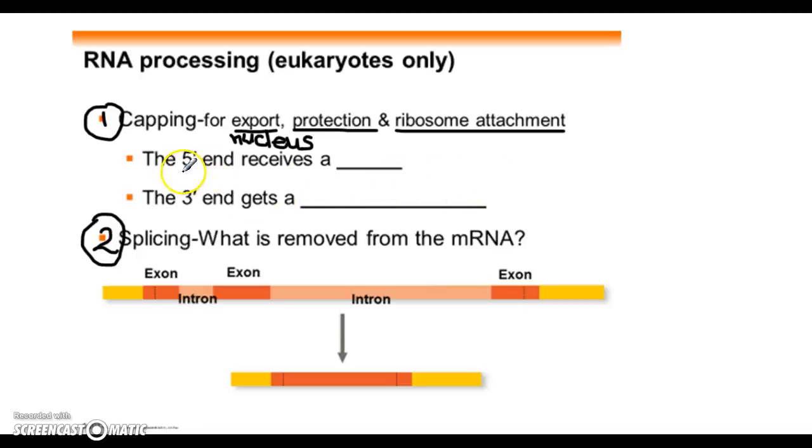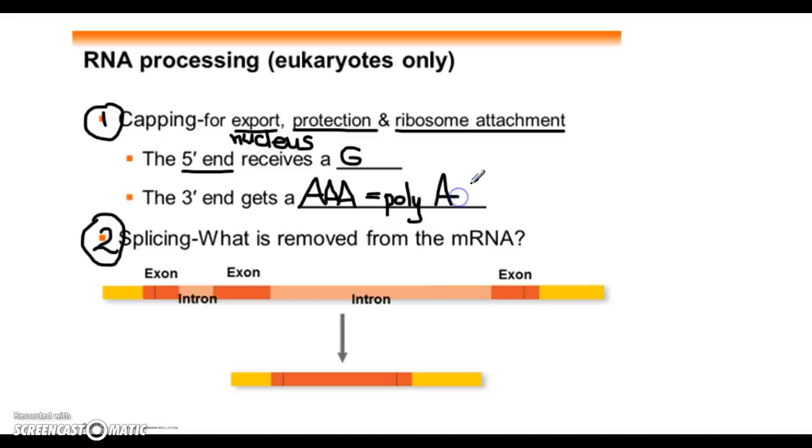So specifically the 5' end, which is kind of the end it's going to start with, is going to simply receive a G, a guanine cap. The 3' end gets adenine, but it's not just a single adenine, it's a series of adenines. It could really be several hundred adenines. And so they usually just call this one a poly-A tail because there are multiple adenines.